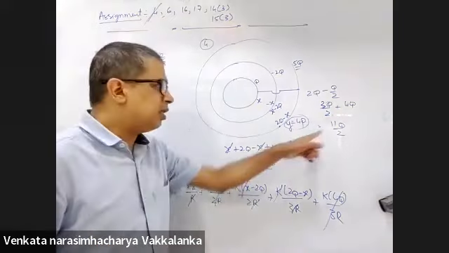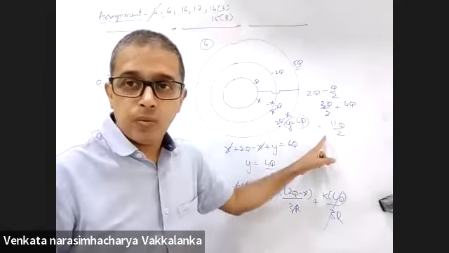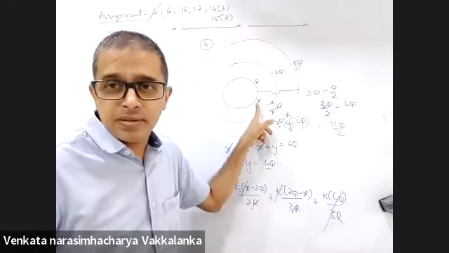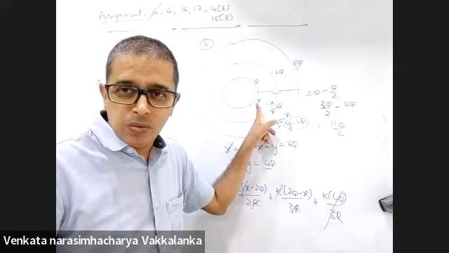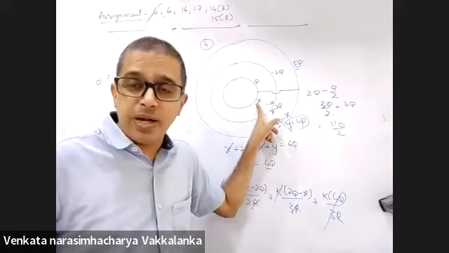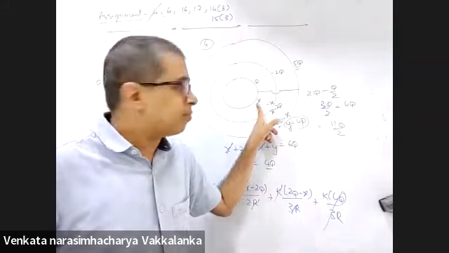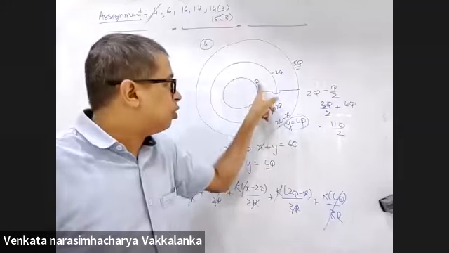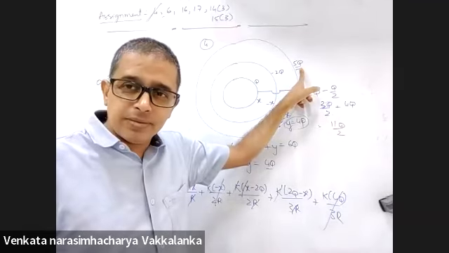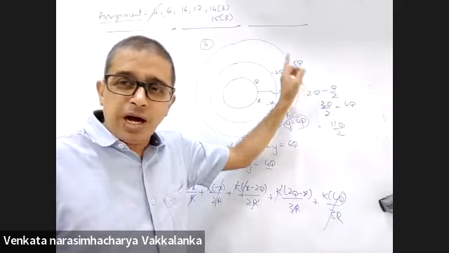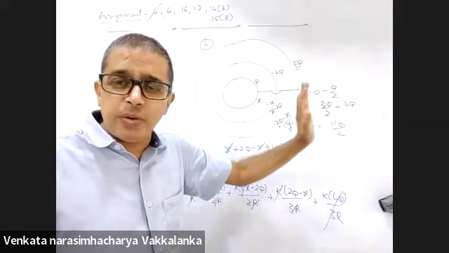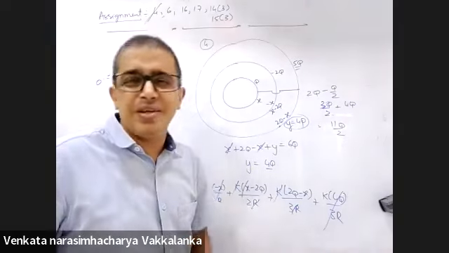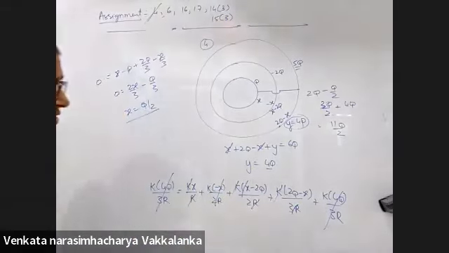See, it's quite logical that it should be 11Q by 2. Listen, you calculated X as how much? Q by 2. Out of Q, I am left with Q by 2, so Q by 2 should have gone out. On the outer sphere you had 5Q, and you are adding Q by 2, so how much will that be? 11Q by 2. Very simple, straight hit, right?